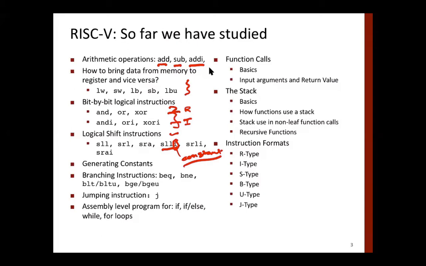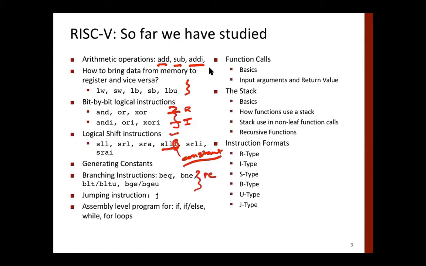We have looked at the branching instruction, when two registers have equal value and then we jump to some location. In the last class we saw that all these branching instructions have a branch address that is relative to the PC, or program counter.